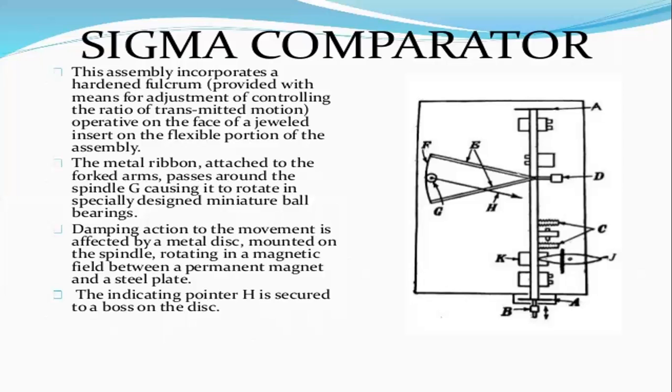And the indicating pointer H is secured to a boss on the disc.